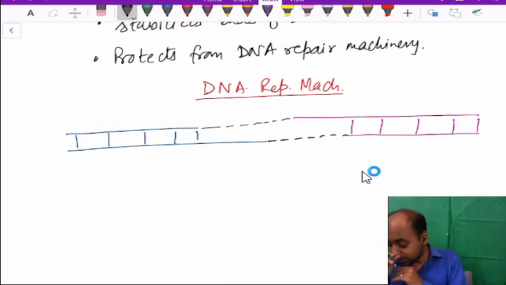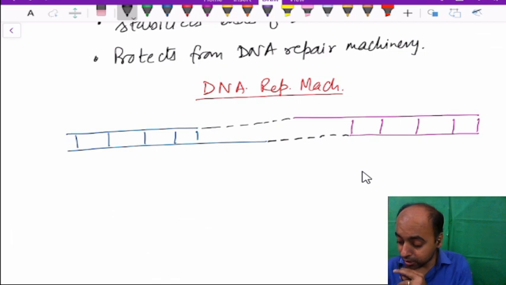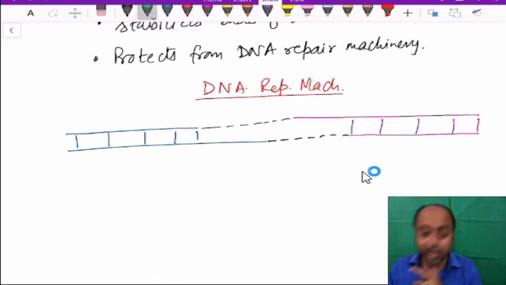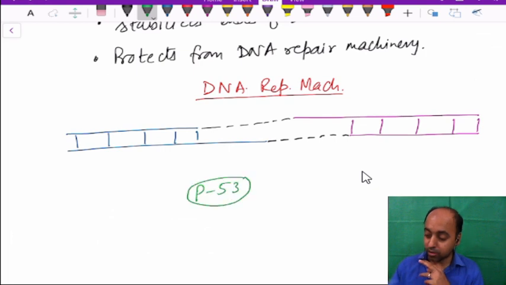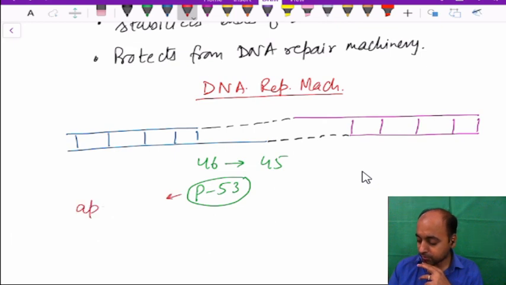Alright, but what is the problem here? When you join the ends of DNA, we have the guardian of the genome, P53. When you are in the hostel, there is a random roll call, let's say at 8:45. How many are there in the hostel? How many have bunked away? Immediately when P53 does the count, instead of 46 chromosomes which should have been there, we will find only 45 chromosomes, and it will sound the alarm that irreversible damage has occurred.